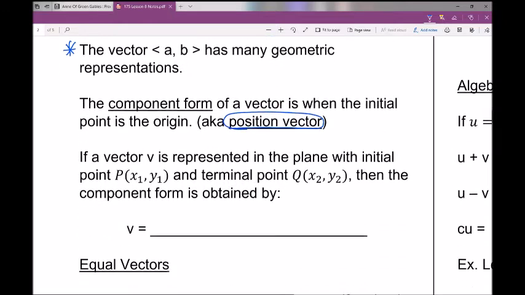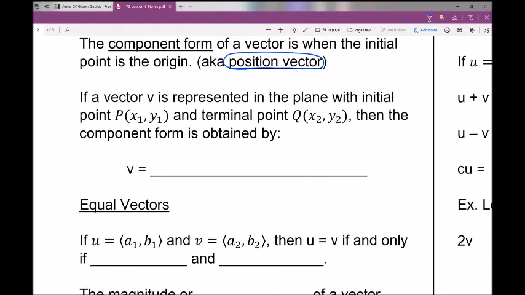So if a vector v is represented in the plane with initial point P and terminal point Q, then we can get the component form by subtracting the x's and subtracting the y's and writing that as a vector. So our vector v is equal to ⟨x₂ − x₁, y₂ − y₁⟩.